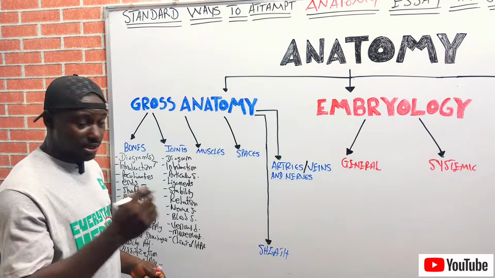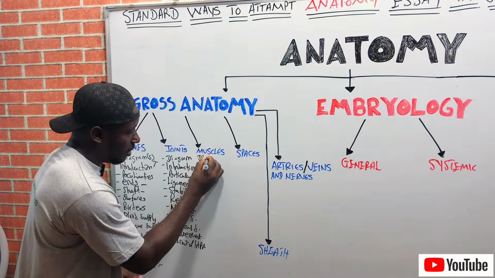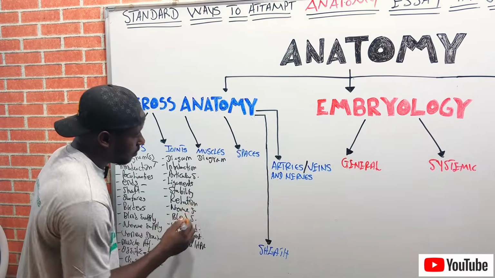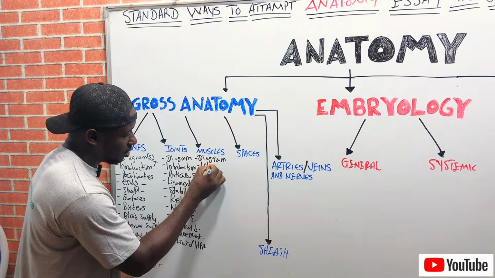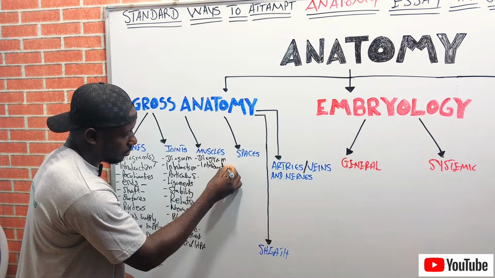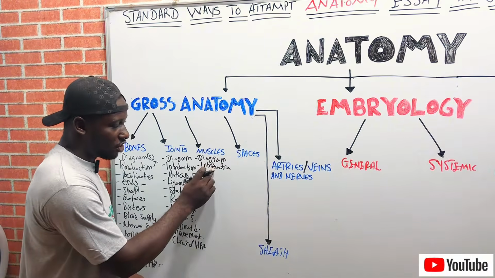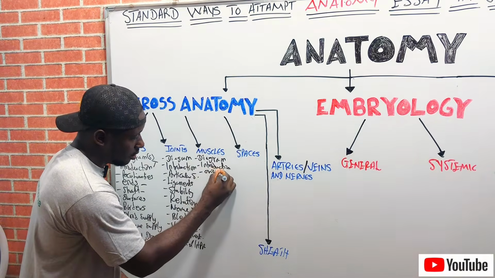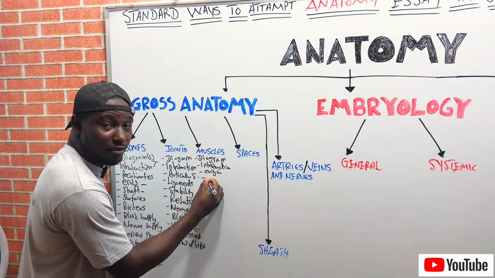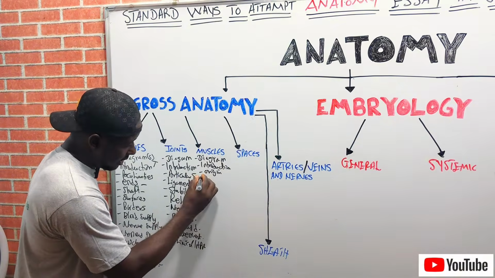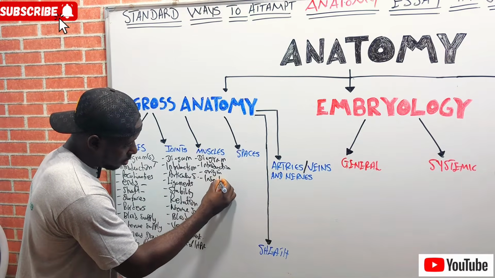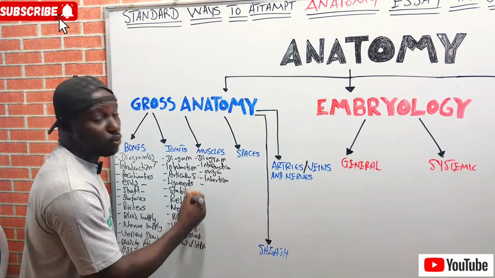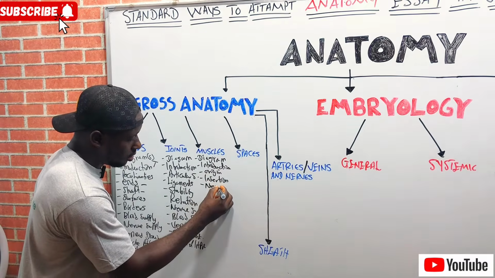Diagram will always come first, followed by introduction. After introduction, since it's a muscle, it must have origin. It will have insertion. It will have nerve supply.